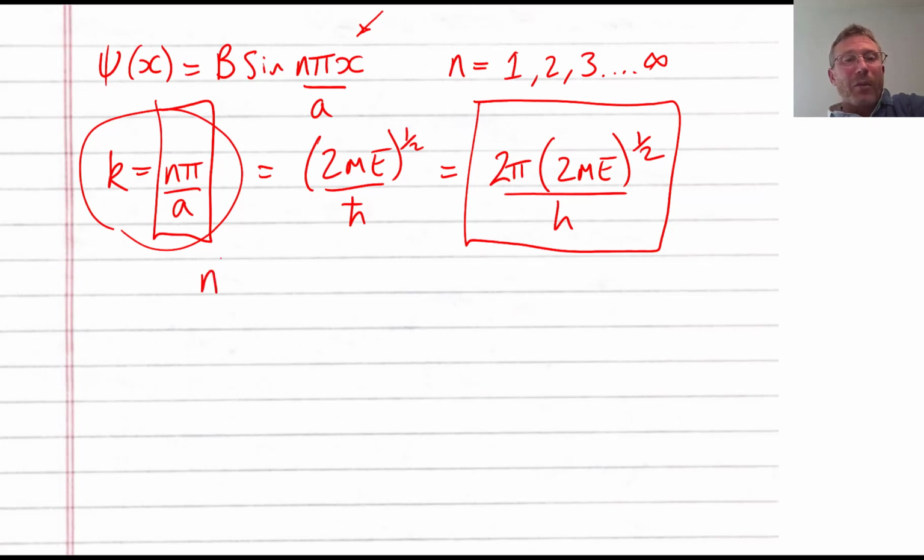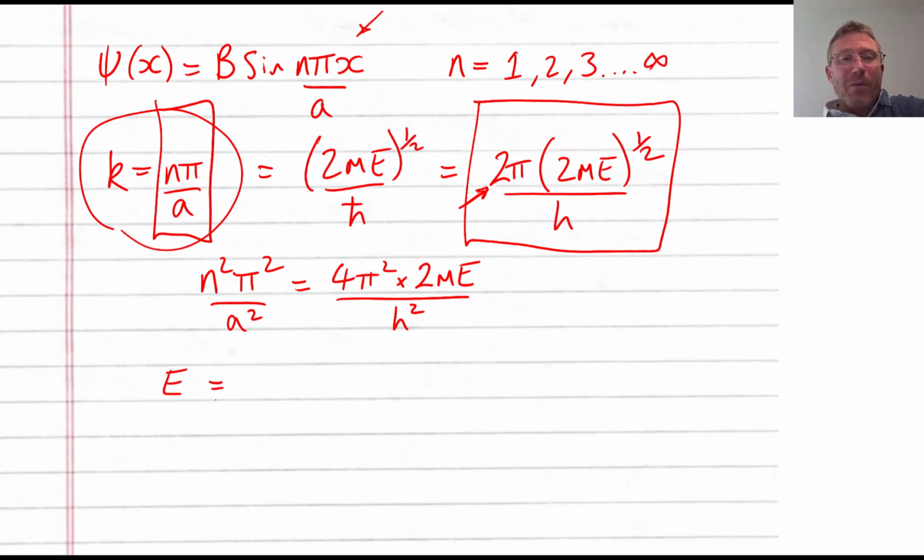So now we're left with n squared pi squared over a squared is equal to 4 pi squared, squaring everything, multiplied by 2me over h squared. Solving for e, we cancel the pi squareds, so e is equal to n squared h squared over 4 times 2, which is 8, m a squared.